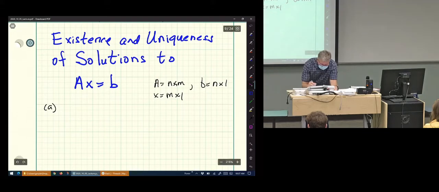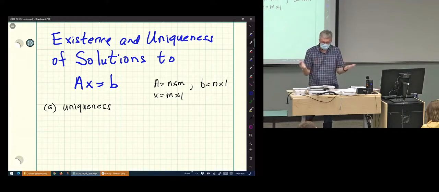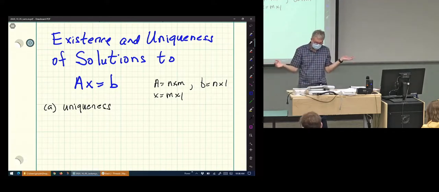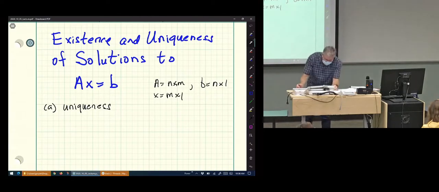So, uniqueness. Just check that first. You need it anyway for the existence because you have to compare the number of linearly independent columns. So if you want to know existence and uniqueness, if it's not unique, you can just stop. Say, nope, okay?